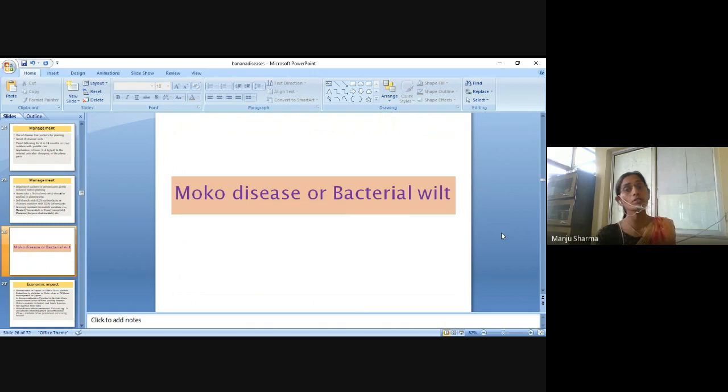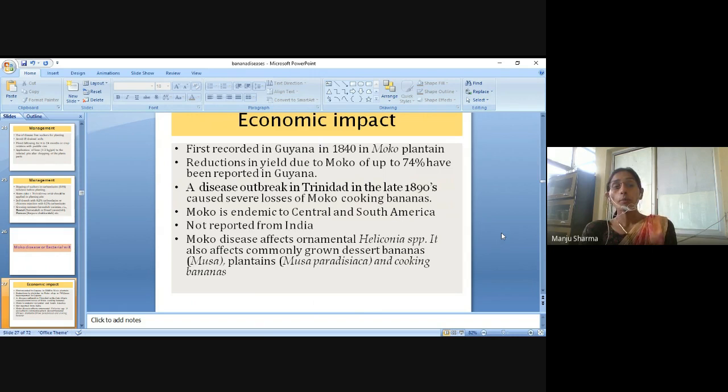Then the Moko disease or bacterial wilt. Here, one disease has two names, and we can call the disease Moko disease or bacterial wilt. Its economic impact: first recorded in Guyana in 1840 in Moko plantain. Reductions in yield due to Moko of up to 74% have been reported in Guyana.